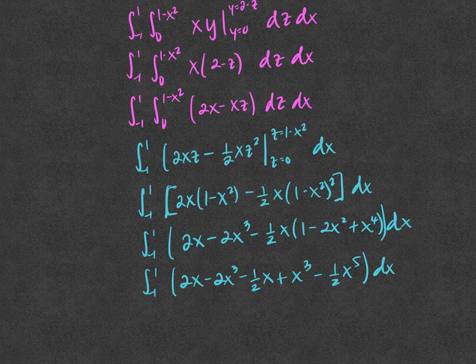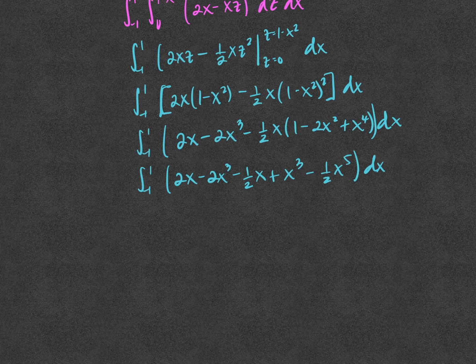We have like terms on the 2x and the x to the third, so let's combine those. 2x minus 1 half x is 3 halves x, and negative 2x to the third plus x to the third is minus x to the third, minus 1/2 x to the fifth, and we're going to integrate with respect to x.